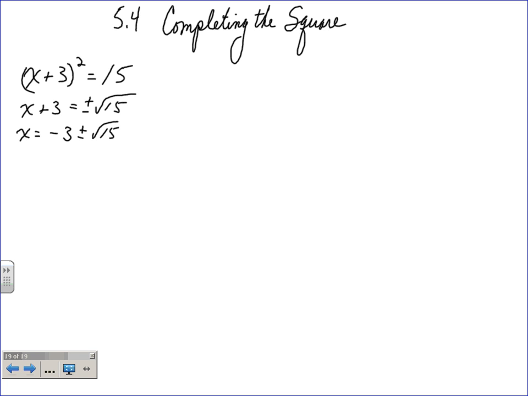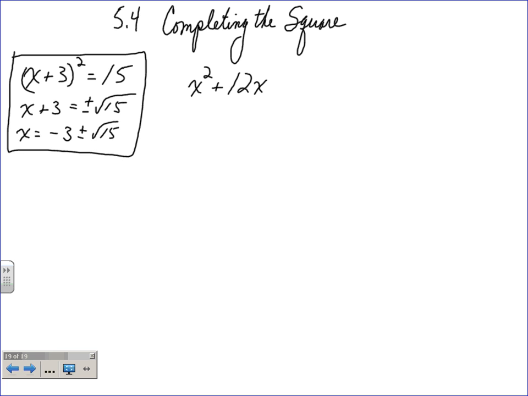So if we could get problems to look like that, they'd be easy to solve, wouldn't you agree? Yes. When you have an equation that looks like this, just by your experience now with factoring, do you think that equation will factor?